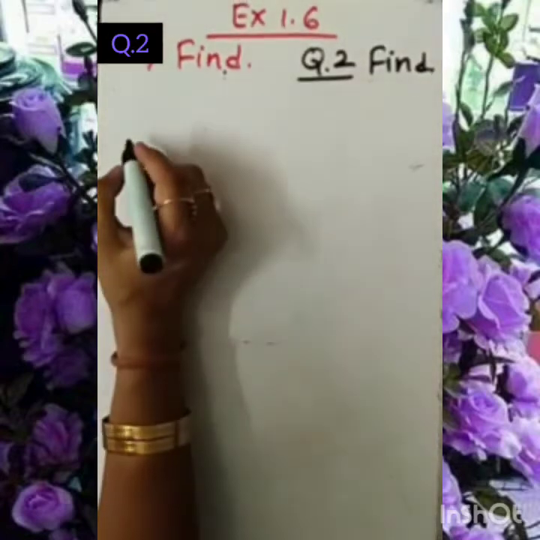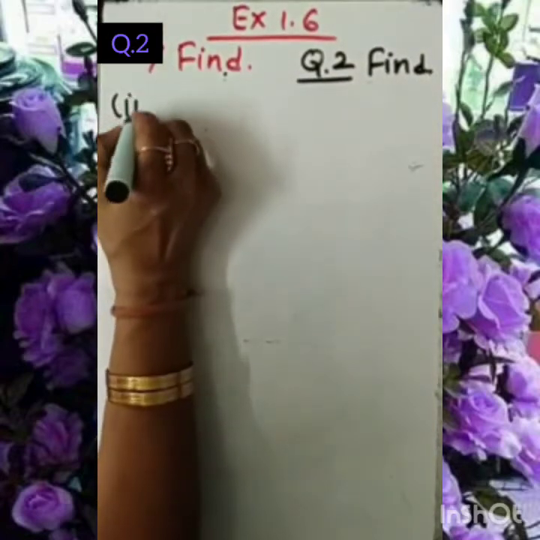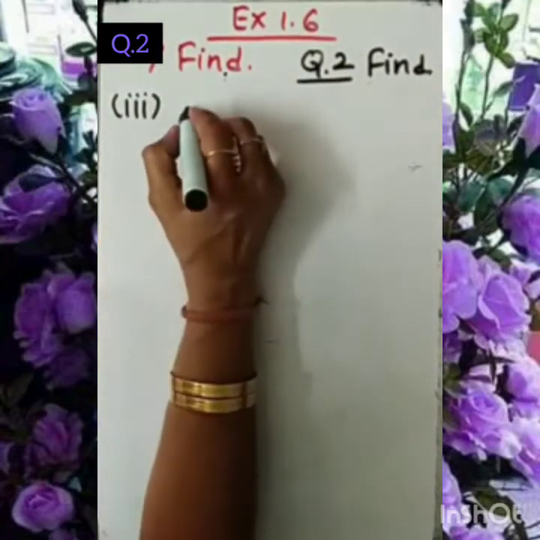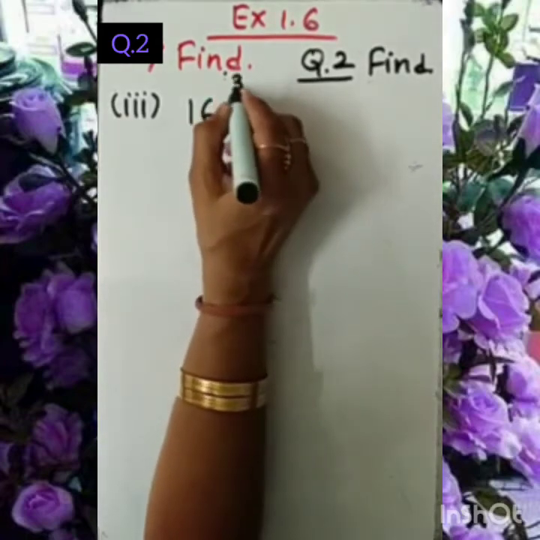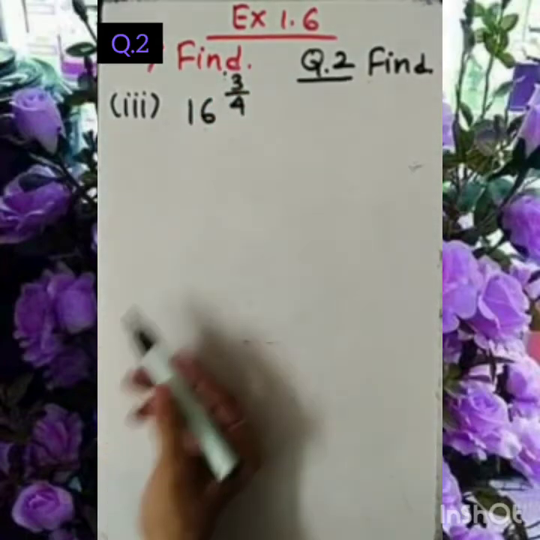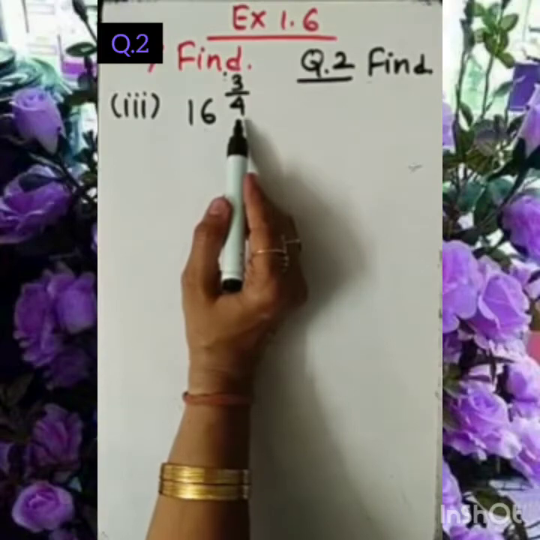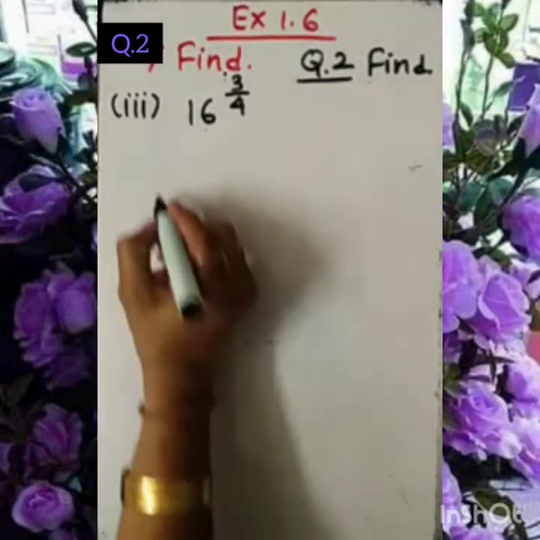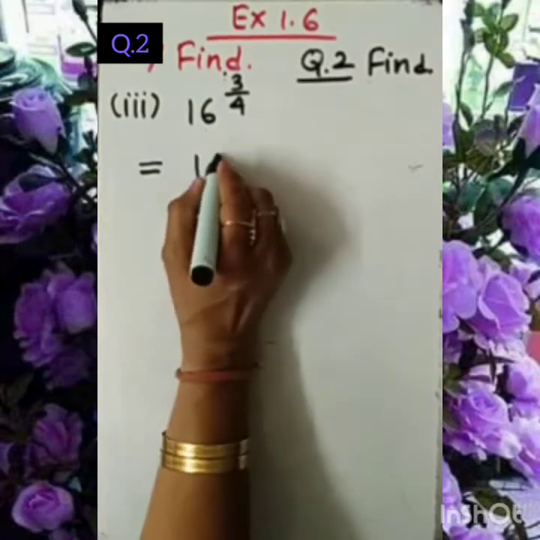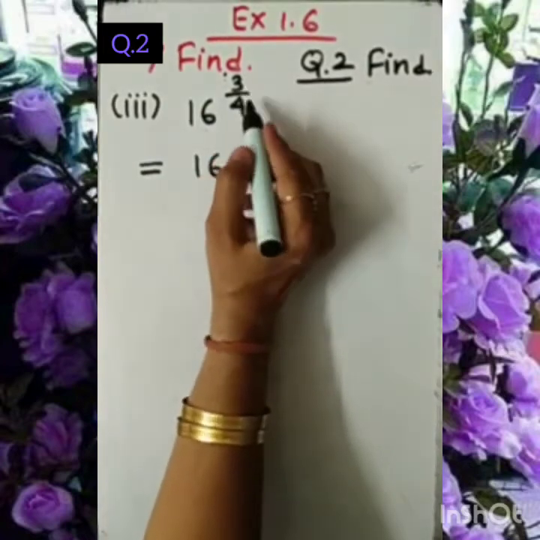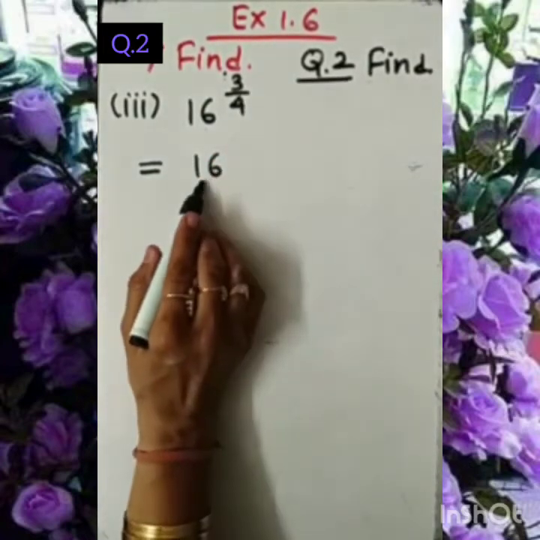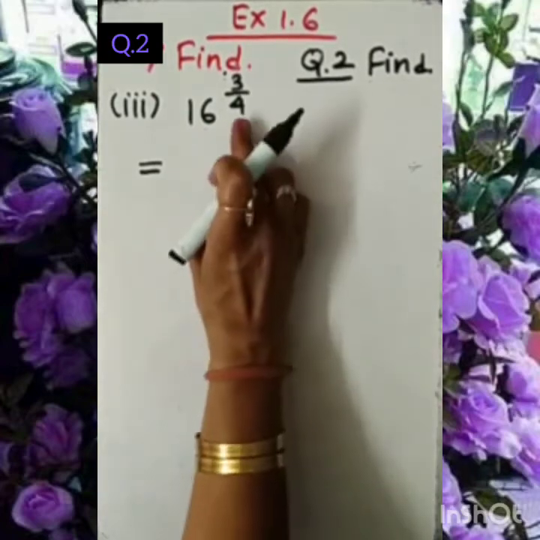Let's work out the third. Here in the denominator of the power we are given 4. Clear? So what we have to do here is 16, and we know that 3 by 4 means, can we write this 16 in the power of 4?